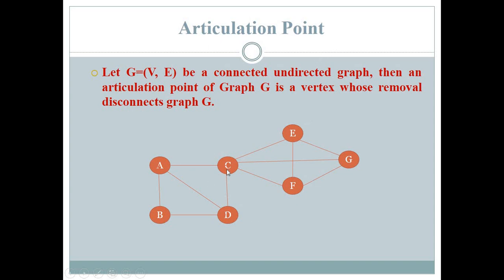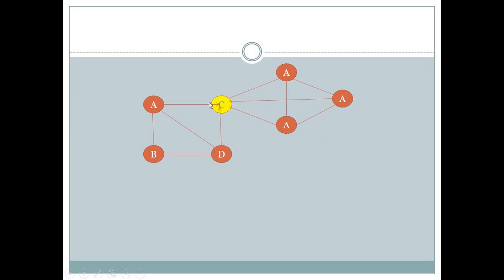We have to find the vertex whose removal will make a disconnected graph G. Here in this example, if we remove vertex C, then our graph becomes unconnected: one portion is ABD and another portion is EFG. So this is an unconnected graph, and in that case vertex C is known as an articulation point.